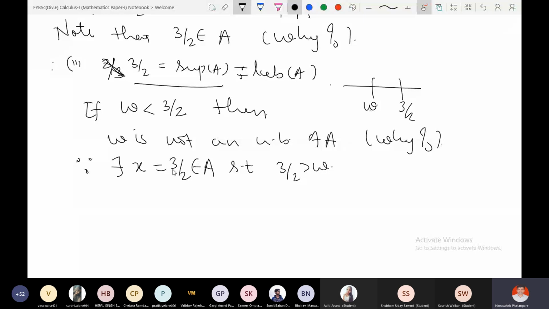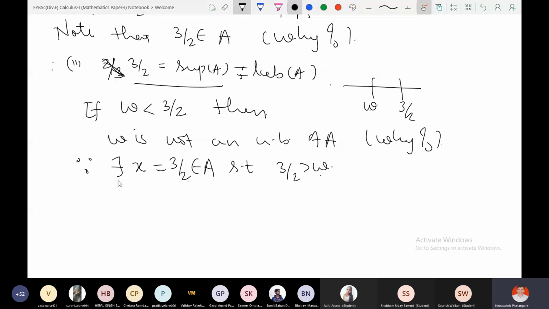That is the simple reason, and that is why 3 by 2 being a member of the set helps us. If 3 by 2 itself is a member of the set which is greater than w, you cannot go below 3 by 2. If you go below 3 by 2, there is a number greater than that which is a member of the set. So no number smaller than 3 by 2 is an upper bound.